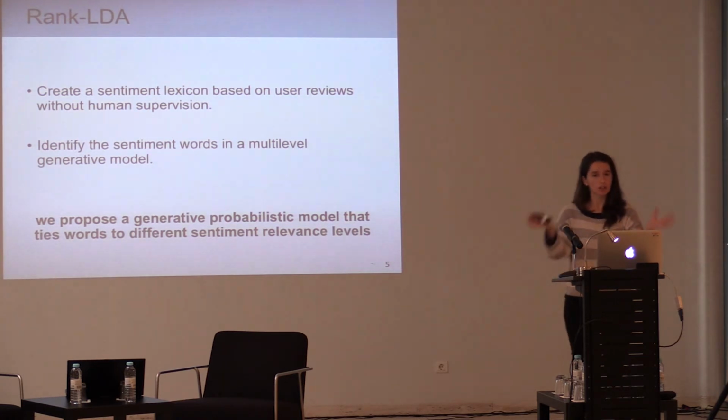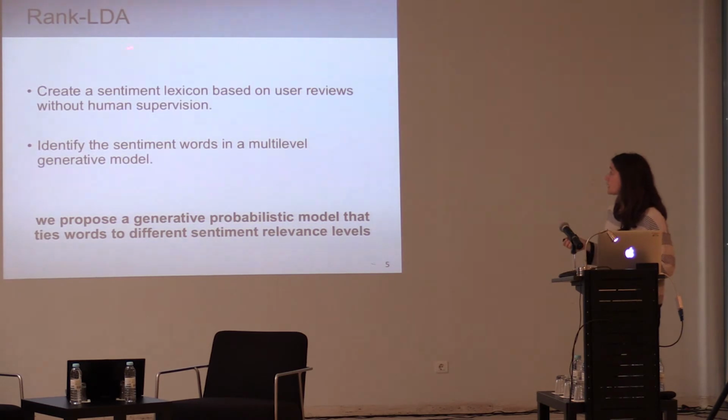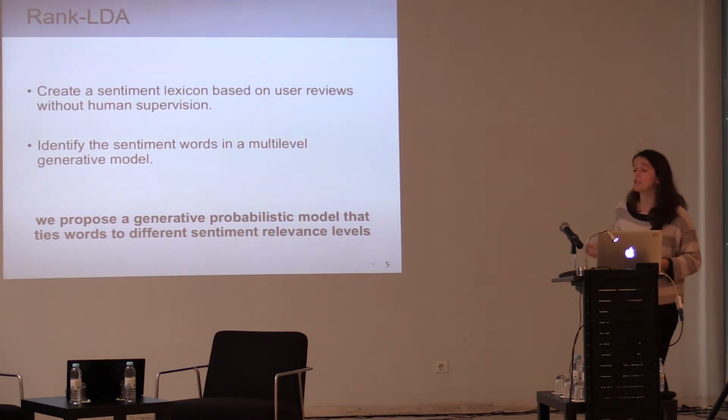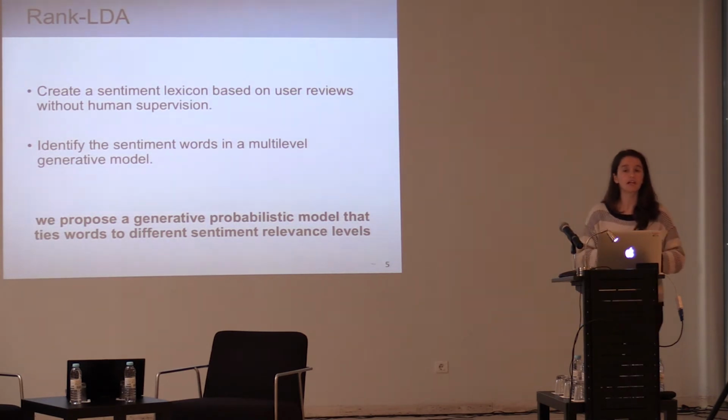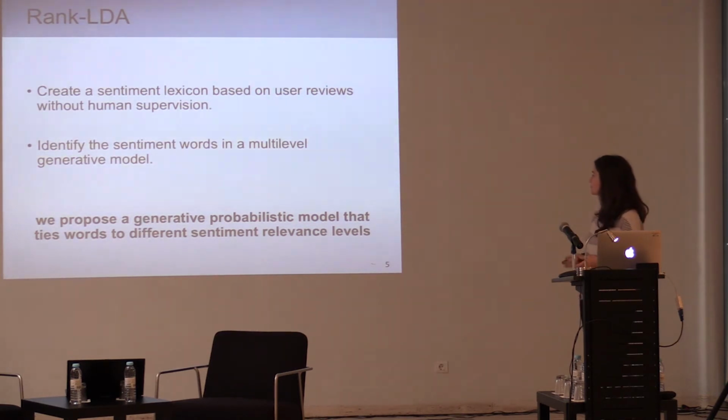So if you give it a collection of documents, it's able to detect different topics that are being mentioned and which words are more relevant to each topic. And what we propose here is to adapt this algorithm to our problem. So our problem is that we want to detect which words are used to affect sentiments, and what are also their intensities towards the different polarities, so this distribution that we attempt to achieve.